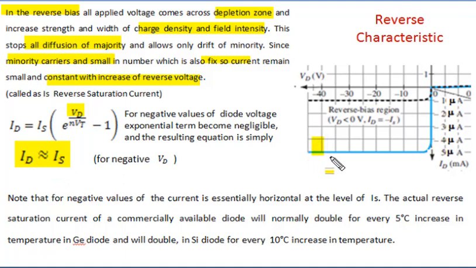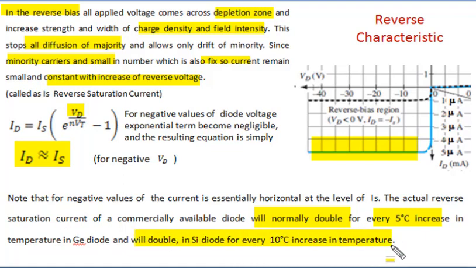This reverse saturation current is almost constant, and we know that this current is from minority carriers, and it will be fixed by the temperature. For every 5 degrees Celsius increase in temperature, the diode current will normally double for a germanium diode, and for a silicon diode this current will double for every 10 degrees Celsius increase in temperature.